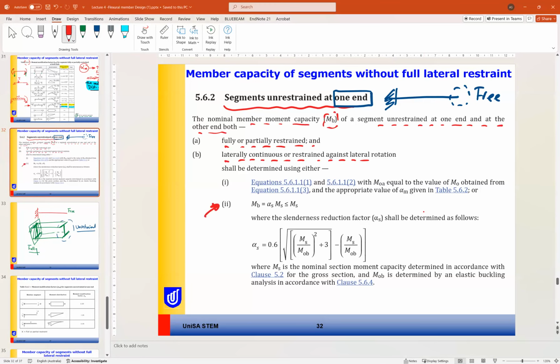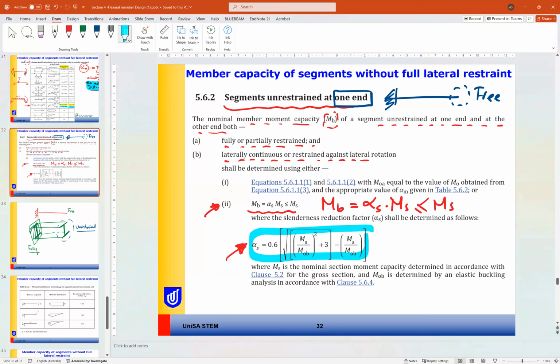MB equals alpha m alpha s Ms, less than Ms, where alpha s in this case equals 0.6 times [(Ms divided by Mo b) squared plus 3] minus Ms divided by Mo b, where Ms is the nominal section capacity determined in accordance with clause 5.2 for the cross section, and Mo b is determined by elastic buckling analysis.